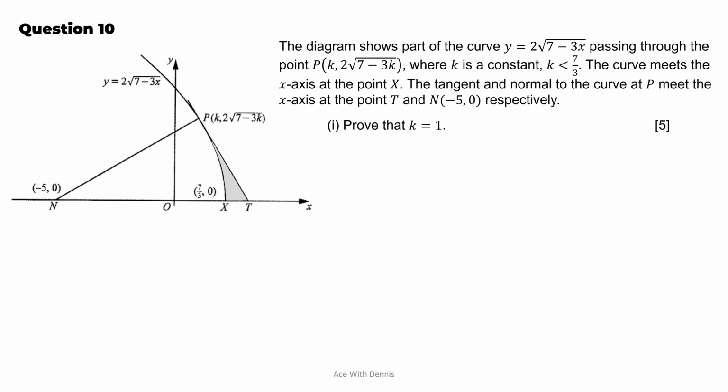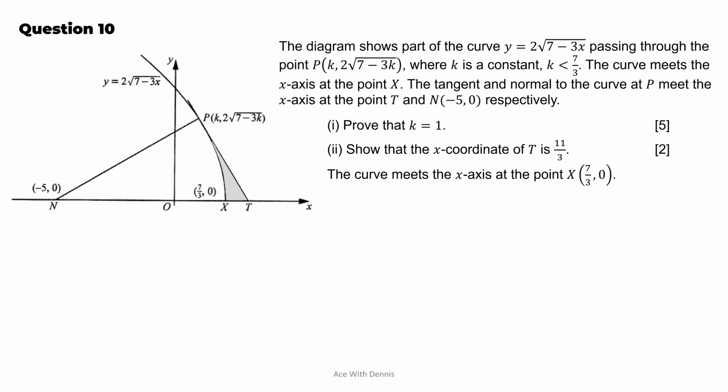Prove that k is equal to 1. 5 marks. 2. Show that the x-coordinate of T is 11 over 3. 2 marks. The curve meets the x-axis at the point X, 7 over 3, 0. 3. Find the area of the shaded region PXT. 5 marks.